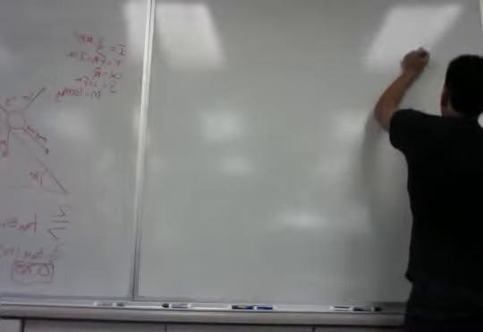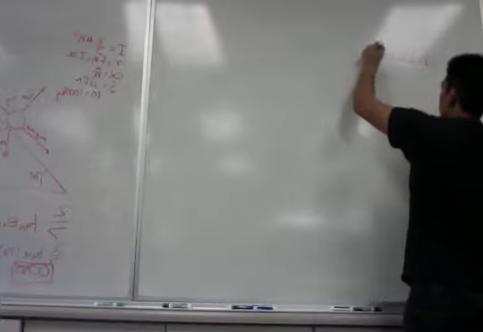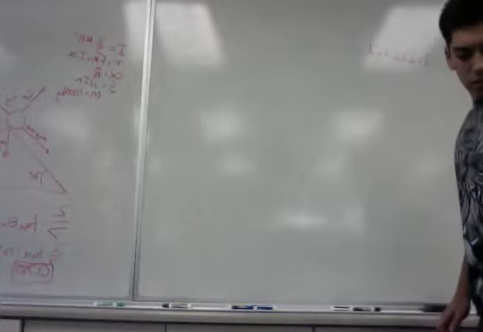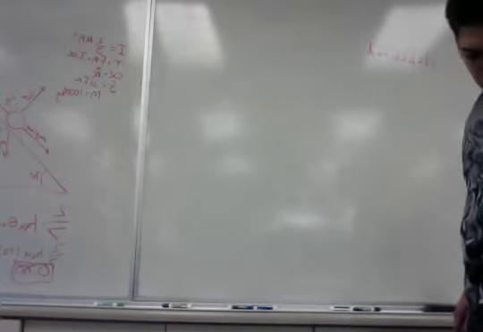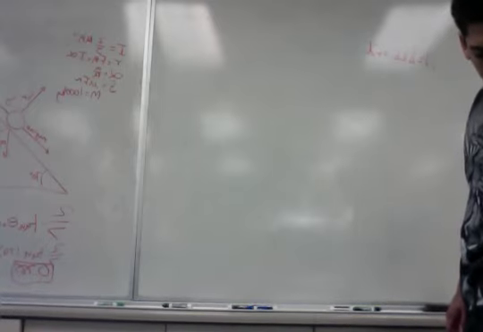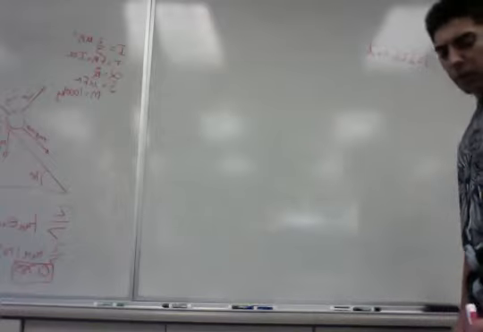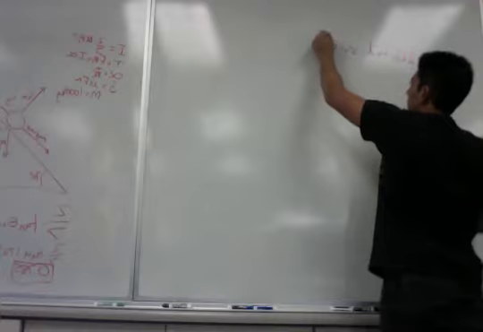Once again, we're going to note our important work formulas, which is work is equal to change of kinetic energy, which is equal to Fd. And we're also given that v is going at a constant 5 meters per second.